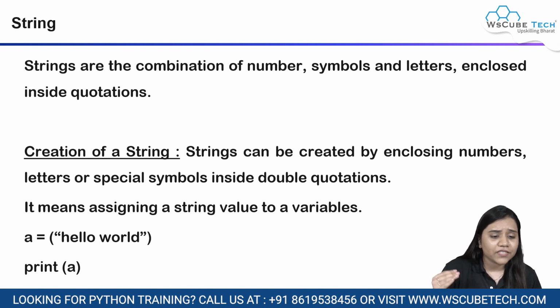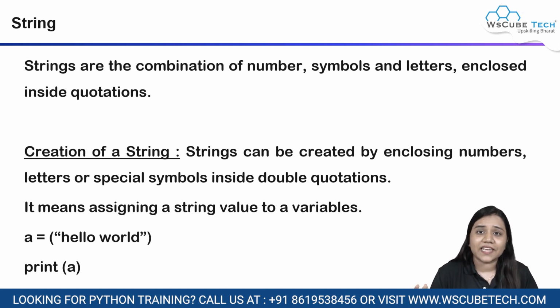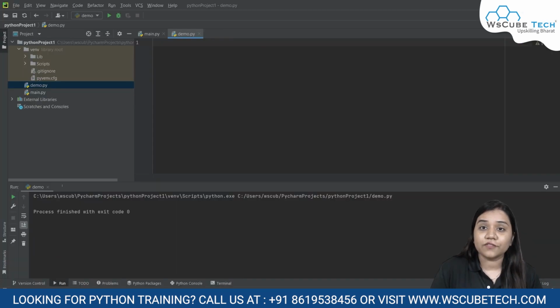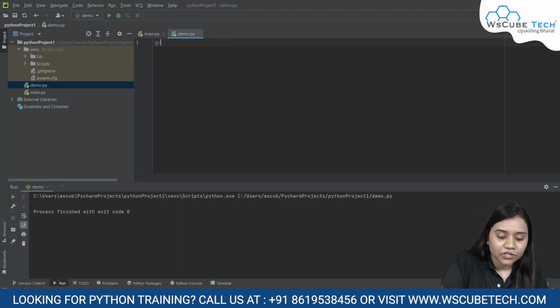Creation of a string is really very simple. All you need to do is write a variable name, put double quotations, and write whatever you want inside your string, and you can print it. Let's have a practical example. First, creating a string.